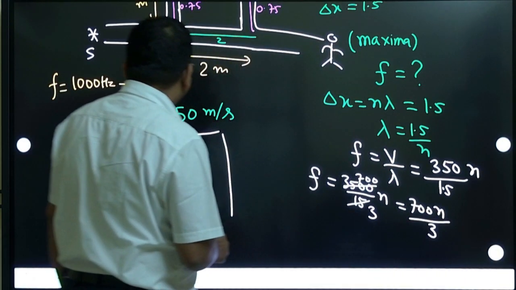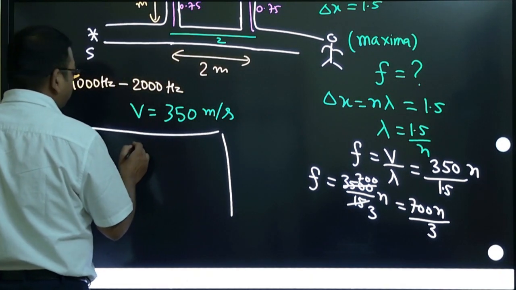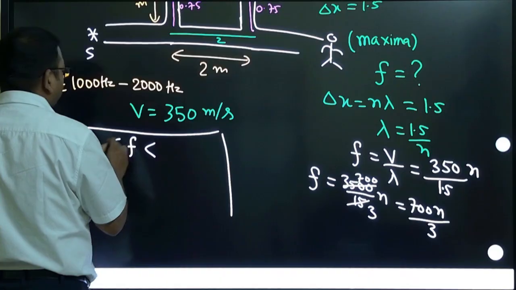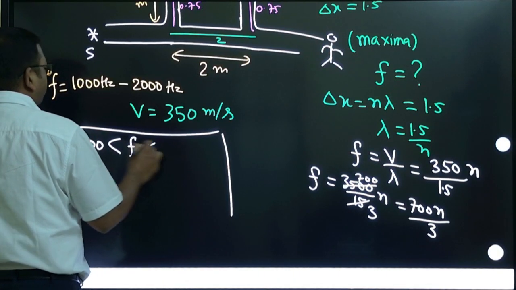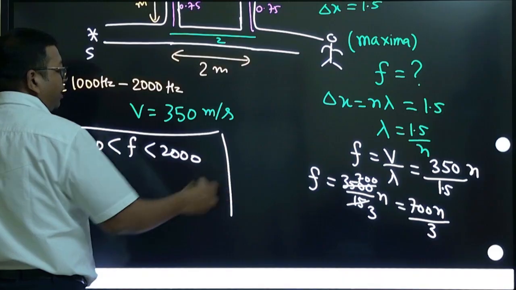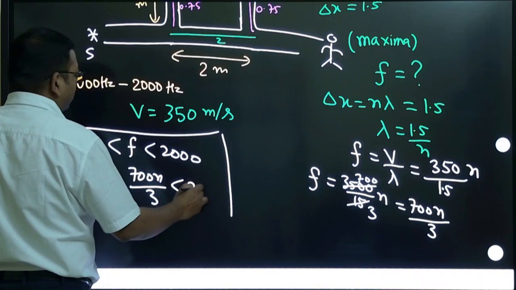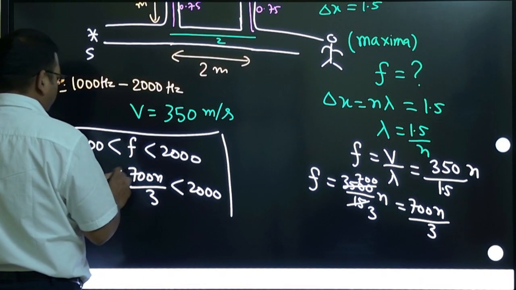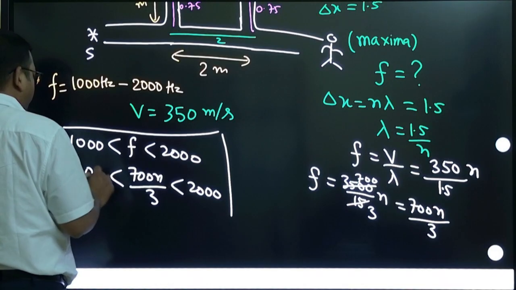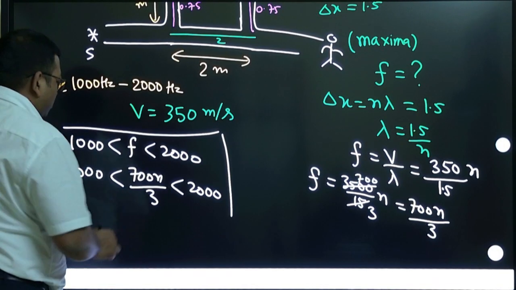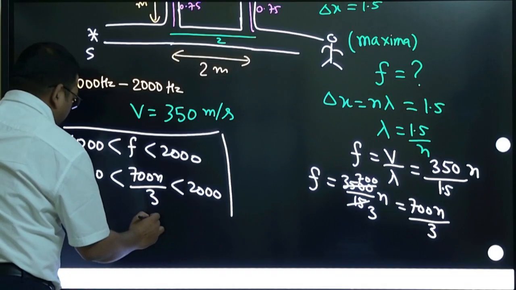Now we'll apply the condition. So frequency must lie between 1000 and 2000. Apply that. So 700n by 3 must lie between 1000 and 2000. So what will be n then?